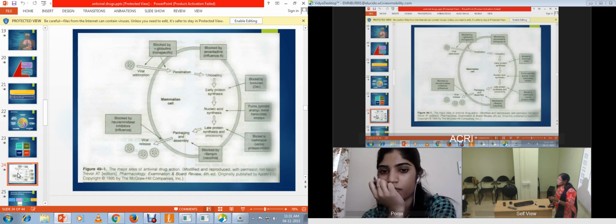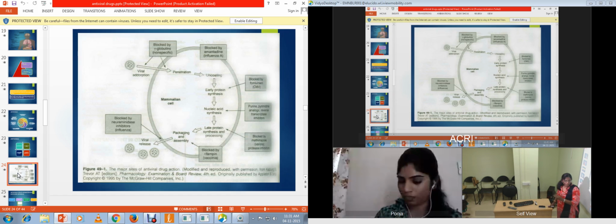We will see what drugs come under reverse transcriptase inhibitors. Then late protein synthesis is blocked by protease inhibitors. Packing and assembly of the virions is blocked by rifampin. Then viral release is blocked by neuraminidase inhibitors in cases of influenza virus.